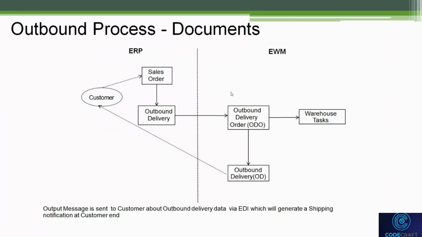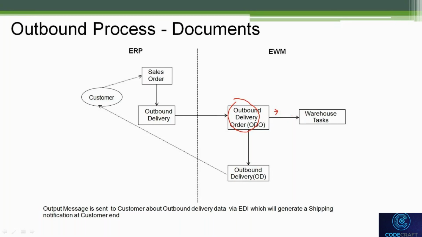Using that outbound delivery order, we do the picking. This outbound delivery order is used for picking. We will initiate picking tasks for that outbound delivery order, and then we will post goods issue. We create warehouse tasks for that outbound delivery order, so we pick the item.